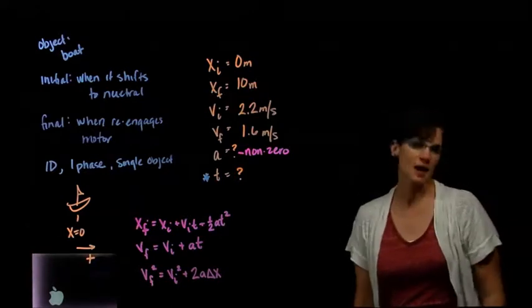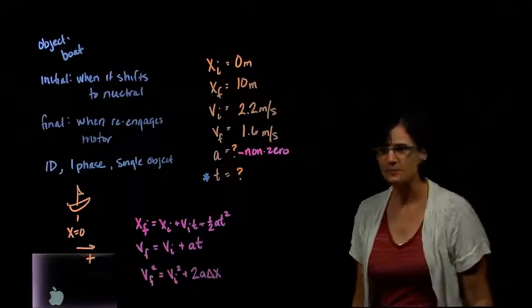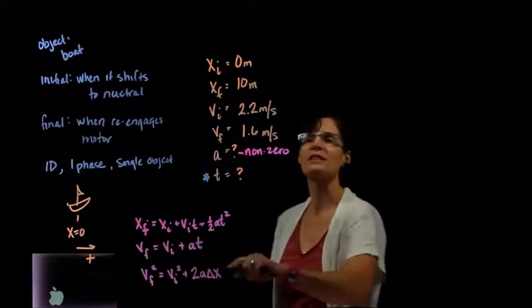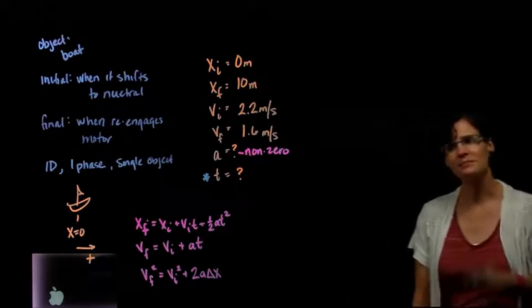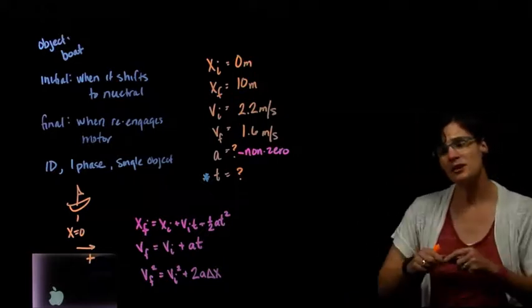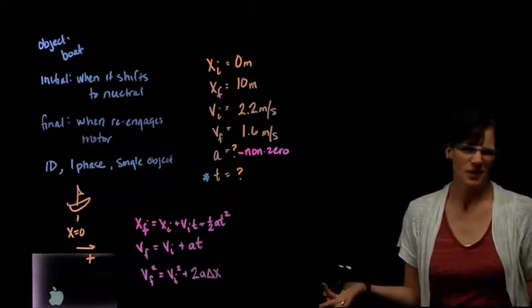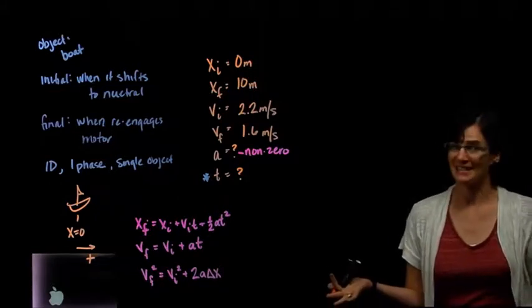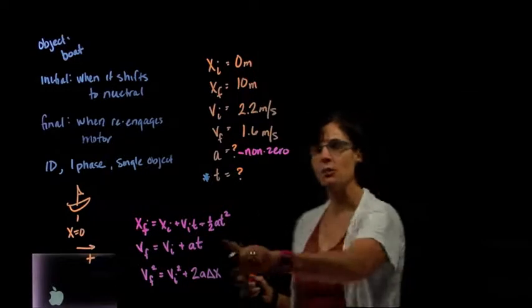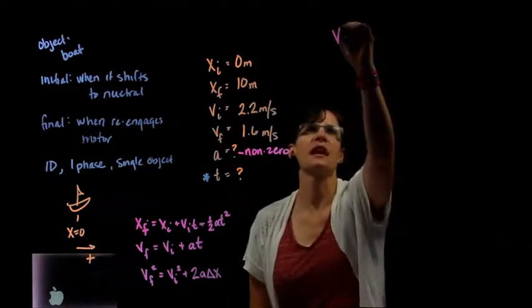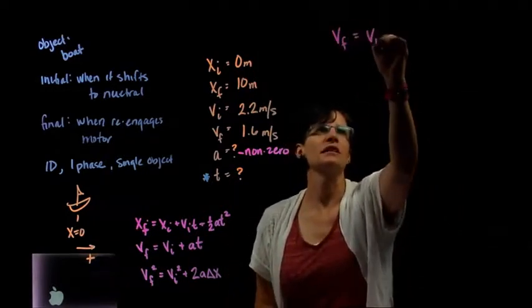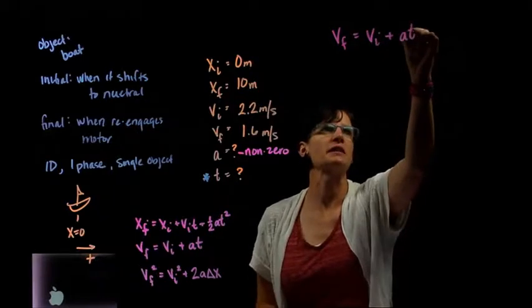Now we want to know time. If we want to know time, we're going to want to use one of the equations with time in it. And it's always a good idea to pick the one that has most of the other stuff in it. Well, it turns out they both have all the other stuff in it except one. So let's just start with our velocity relationship. We have v final equals v initial plus acceleration times time.